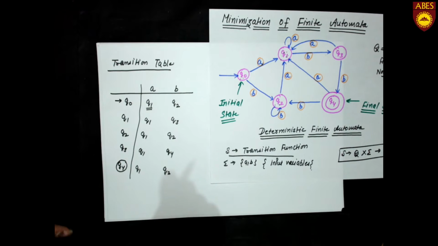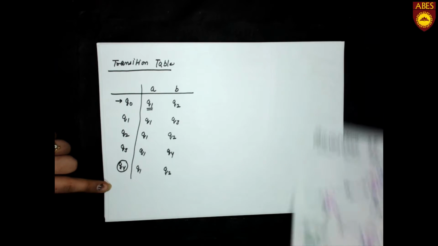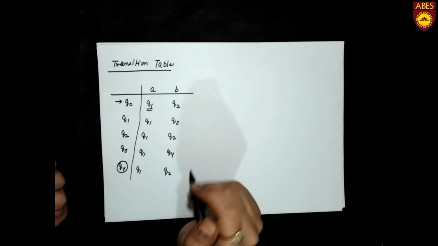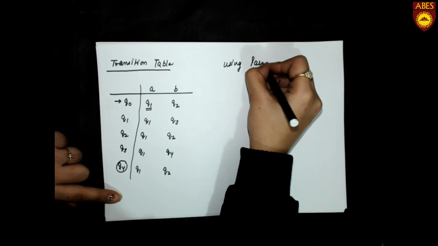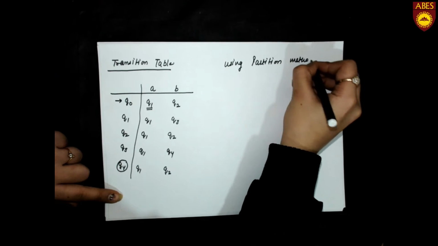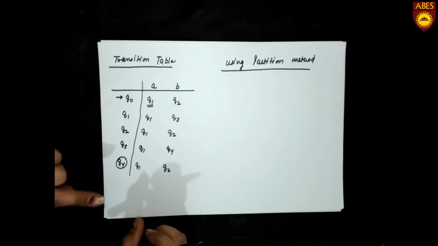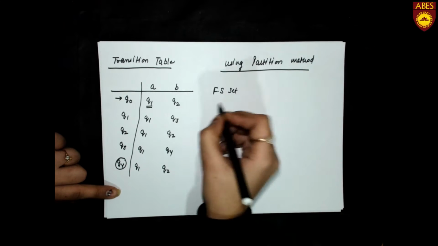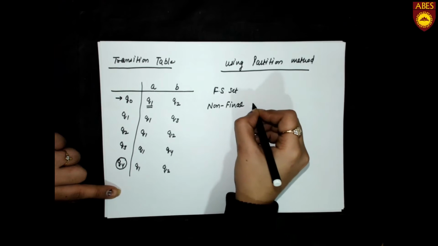Now we have to minimize it using the partition method. We use this table to minimize our finite automata. In the partition method, we divide our states into two sets, the final state set and the non-final state set.